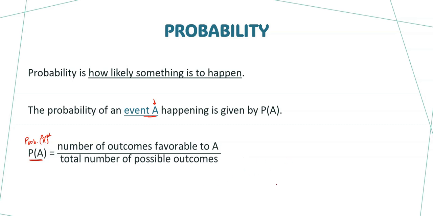Okay, and probability has a property that the value of probability always lies between 0 and 1, and the sum of all probabilities is always equal to 1. So these are two things you should know.